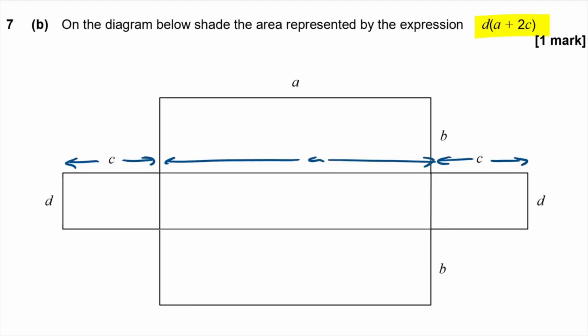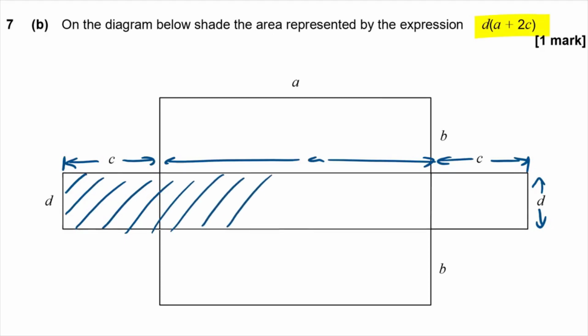So from here through to here is a plus 2c, and then we already know that that's d down there, so a plus 2c times d is all of this central part here.